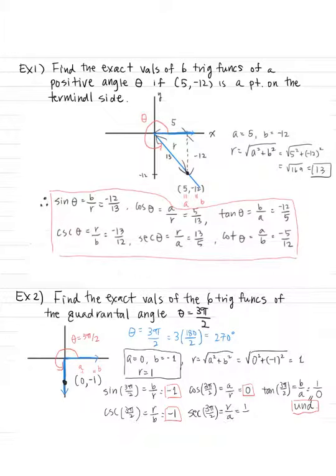In this case, 1 over 0, so it's going to be undefined. And then what else do we have left here? Cotangent of 3 pi over 2 is a over b, which is 0 over -1, so it's going to be 0. And there you have it.